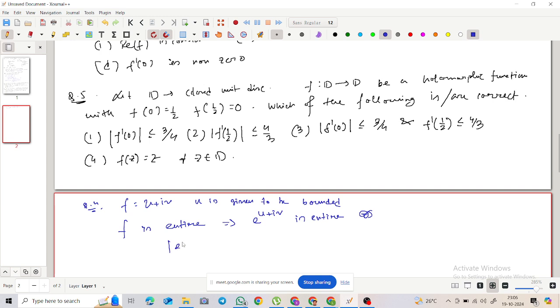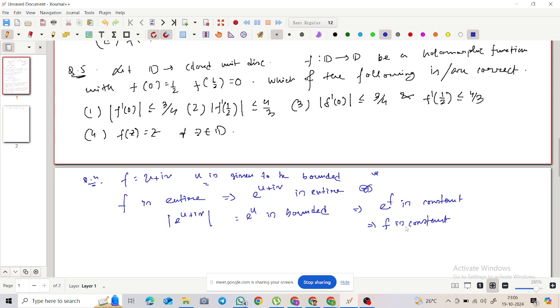And the modulus of e to the power u plus iv, that is e to the power u, is bounded. Since u is bounded, this means e to the power f is constant. That means f is constant.